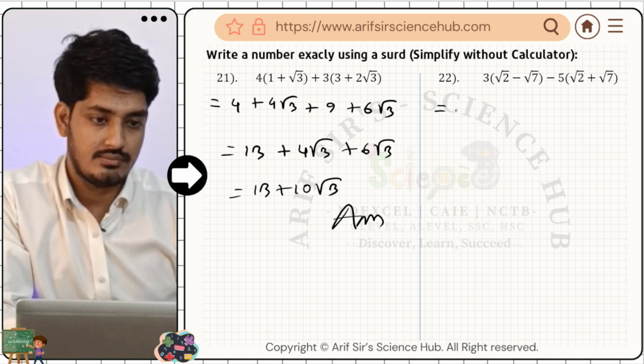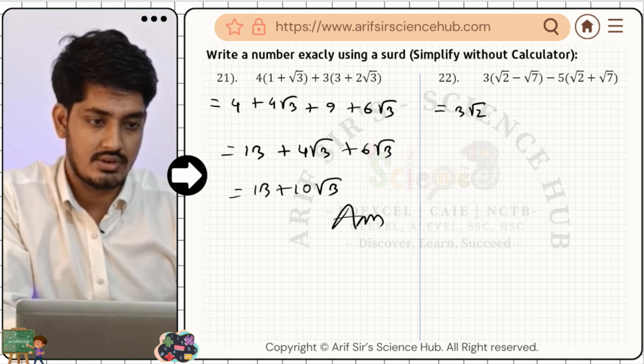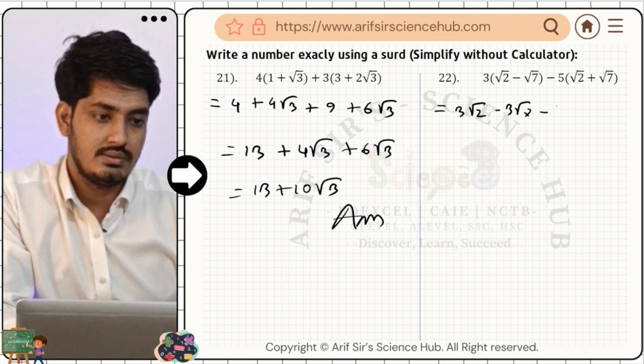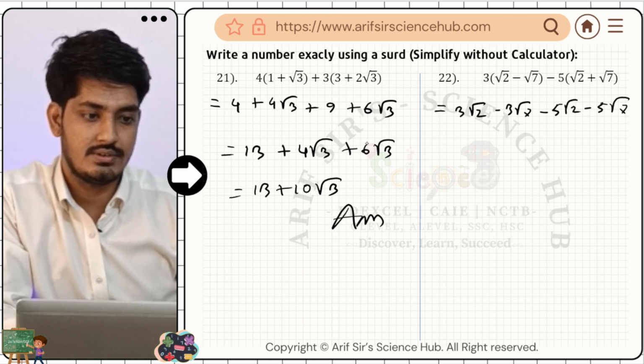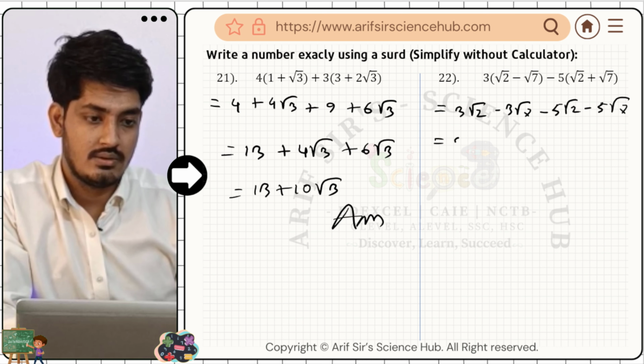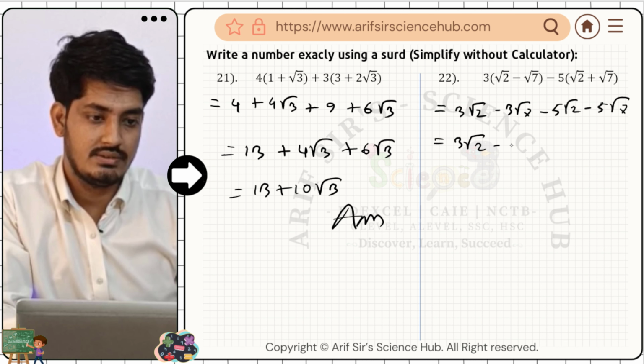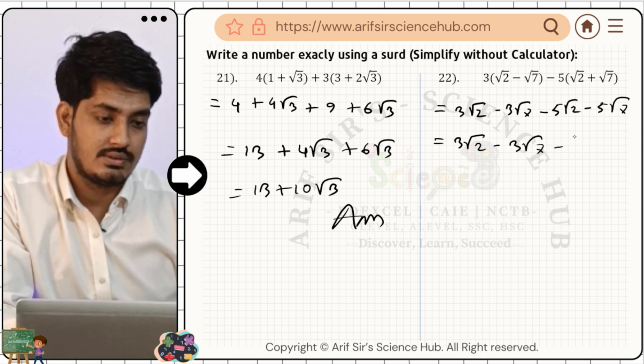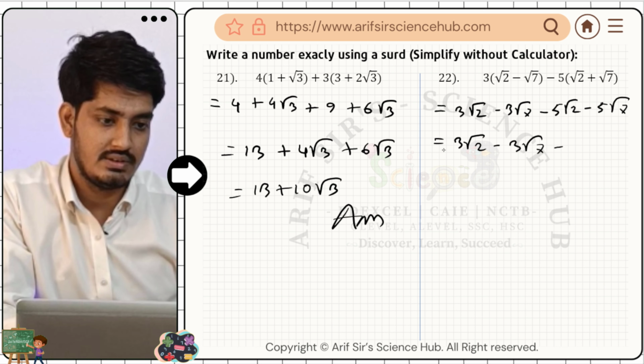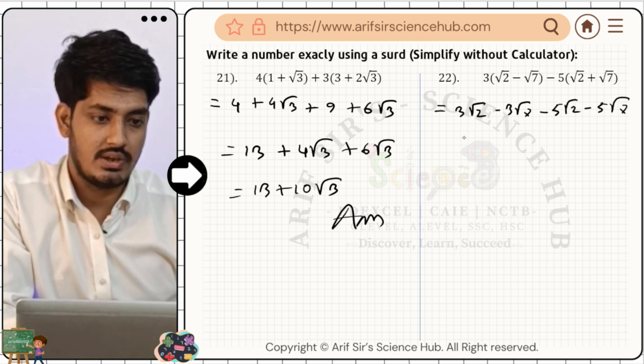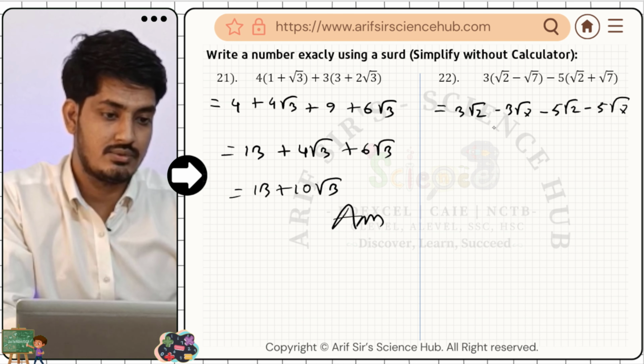Now let's solve this exercise 22. What we have to do is multiply this: 3 square root 2 minus 3 square root 7 minus 5 square root 2, this plus minus is equal to minus 5 square root 7. So we can easily make it common. We have 3 square root 2 and 5 square root 2.